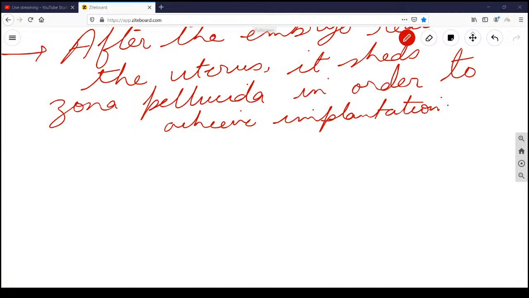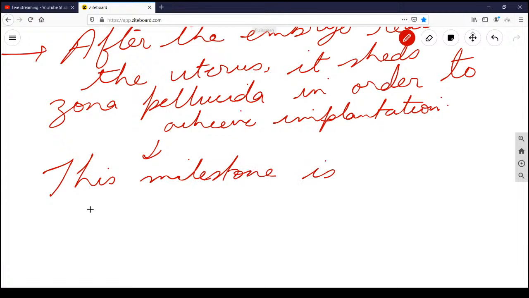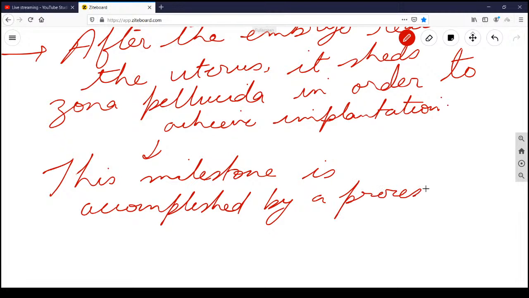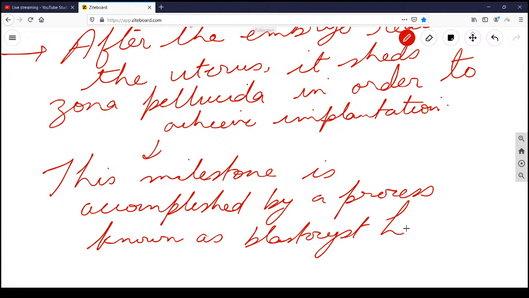The shedding of the zona pellucida is accomplished by a process known as blastocyst hatching. Okay.